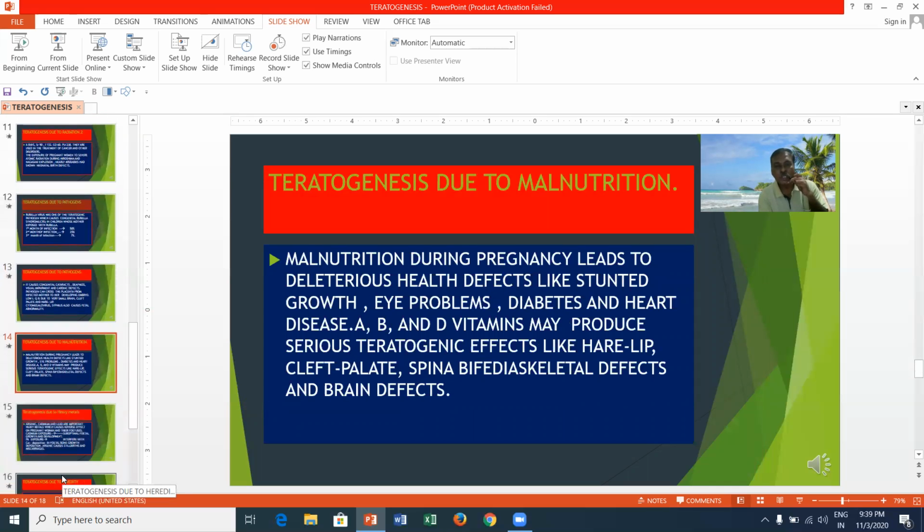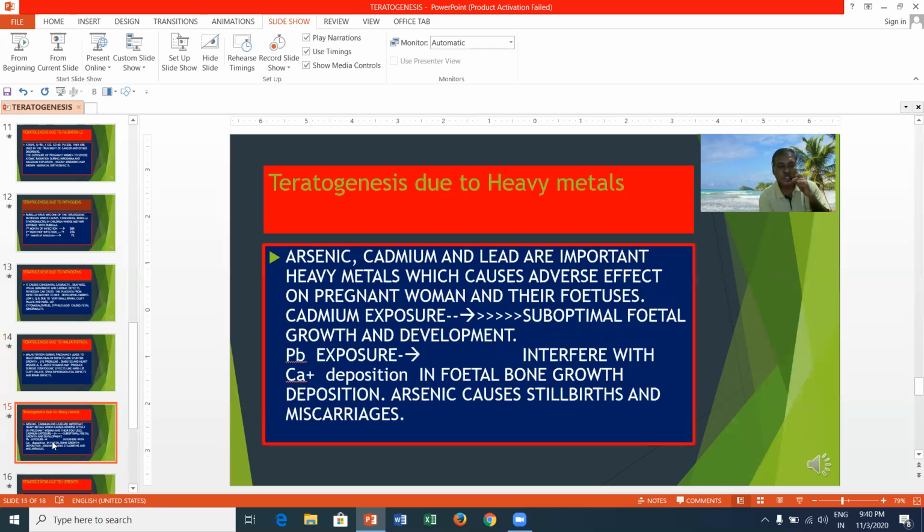Teratogenesis due to malnutrition. Malnutrition during pregnancy leads to deleterious health defects like stunted growth, eye problems, diabetes, and heart disease. Excess of A, B and D vitamins may produce serious teratogenic effects like hair lip, cleft palate, spina bifida, skeletal defects, and brain defects. Here you can see teratogenesis due to heavy metals.